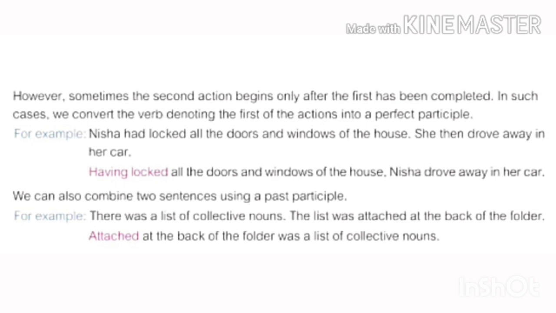Okay, so in the second sentence was attached, so attached is V3, so we are using that. Attached at the back of the folder was a list of collective nouns. So here we have joined them. The two sentences have become one and the meaning is also not changed. So this way we can use present, past and perfect participles to join the sentences.